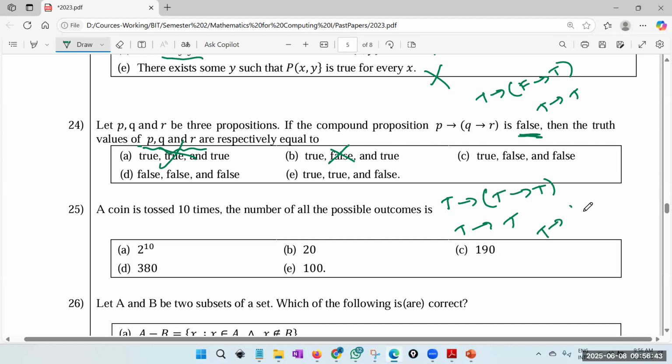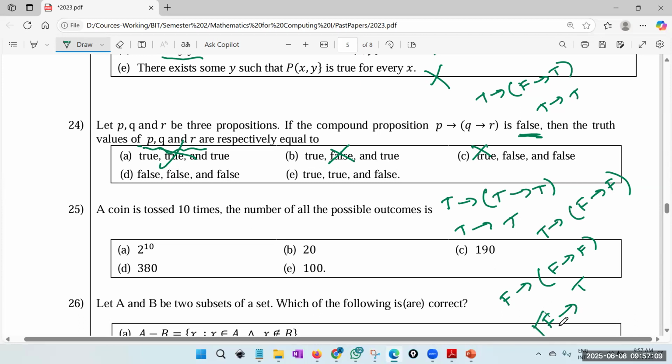What about the next one? True implies false implies false. False implies false is true. And true implies true is true. Therefore, this is not the answer. Next one. False implies false implies false. False implies false is true. Then false implies true is true. Right?